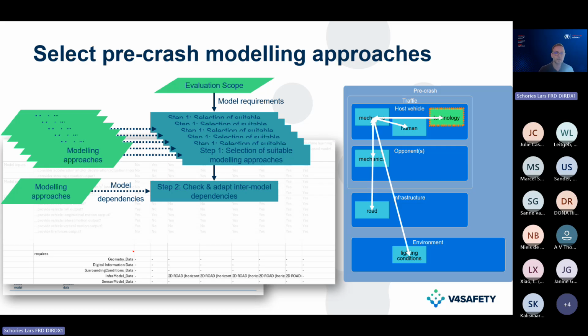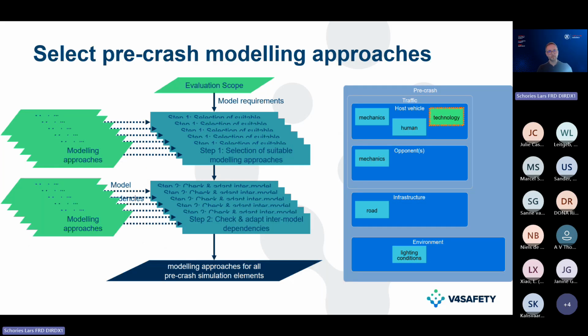We need different kinds of models from a mechanics point of view to perform such simulations. And then we exclude different modeling approaches based on that interconnection to other elements. Same there, going through all the interdependencies, and finally we have the processes and approaches which at least have to be used to perform the simulation.